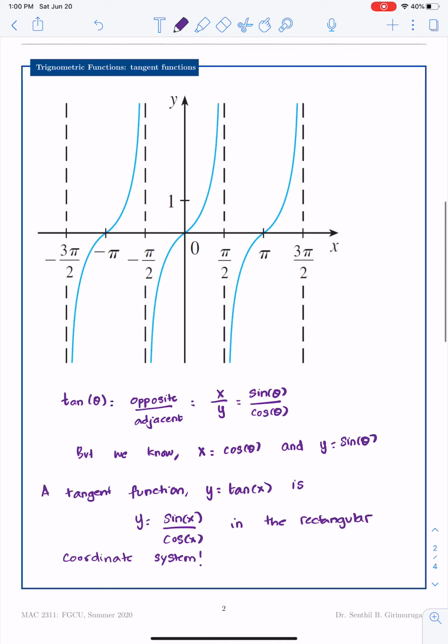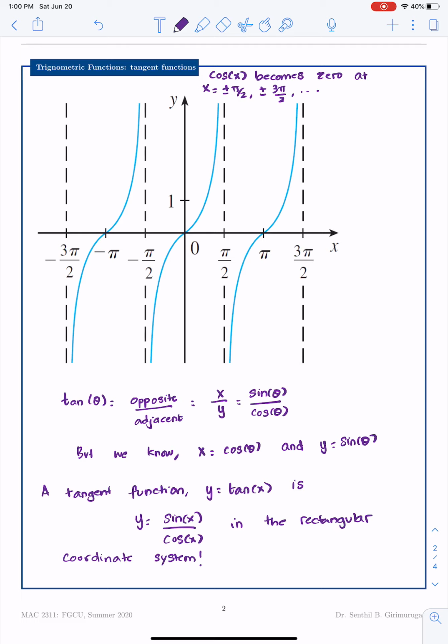So cosine of x becomes 0 at plus or minus pi over 2, plus or minus 3 pi over 2, and so forth.